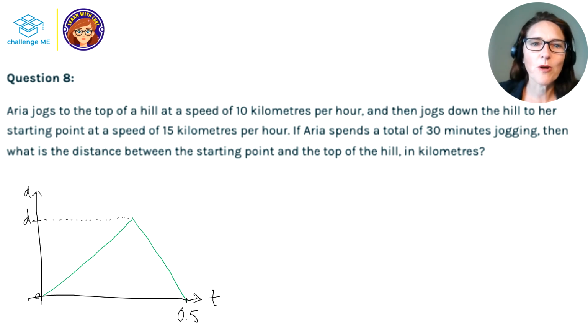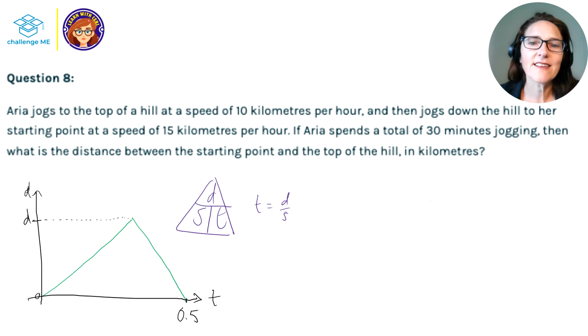So to solve this problem, one way is to consider the speed distance time relationship. You may have used this sort of style of triangle in your science lessons, and it's a quick way to remember that time is distance divided by speed. So let's break our journey into 2 sections.